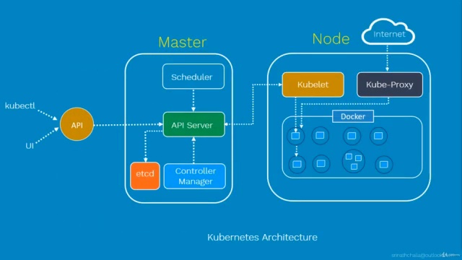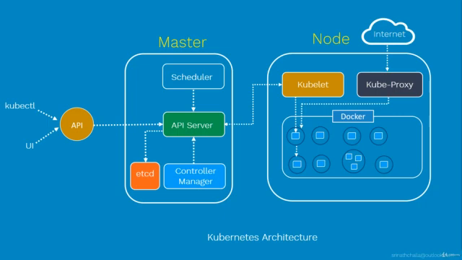Before we get into the details, I just want to quickly show you what the Kubernetes architecture looks like and what components the Kubernetes master and the worker node have. As you can see, the Kubernetes master consists of the API server, scheduler, etcd, and controller manager. Here, the API server is a kind of gatekeeper for the entire cluster.